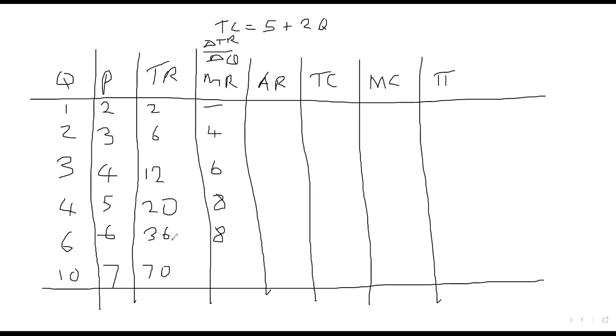How do we get 34, divided by 4? 8 point what? 8.5. Great. Anyone behind at this point?